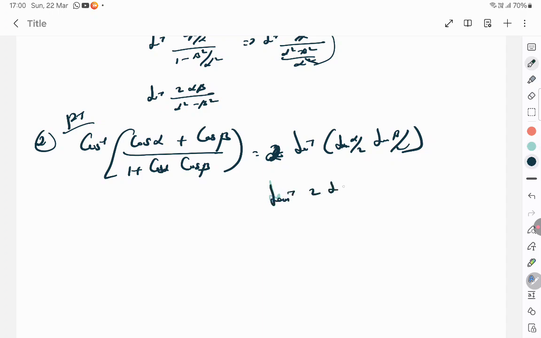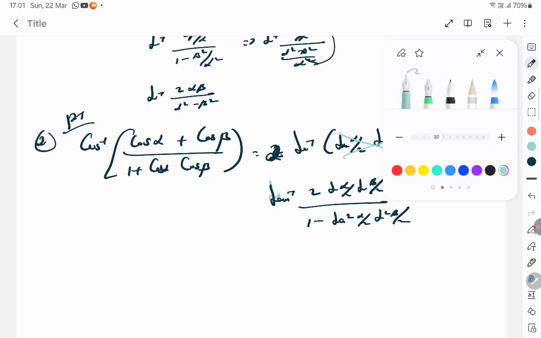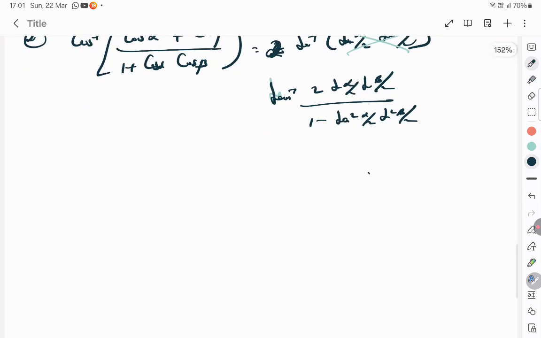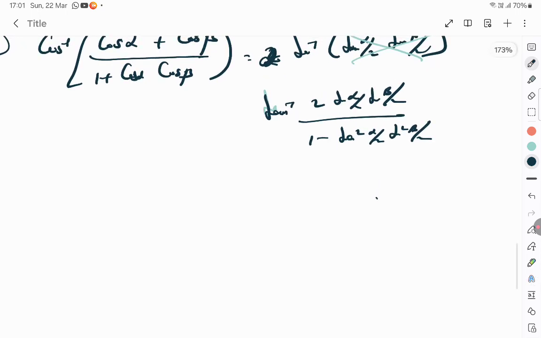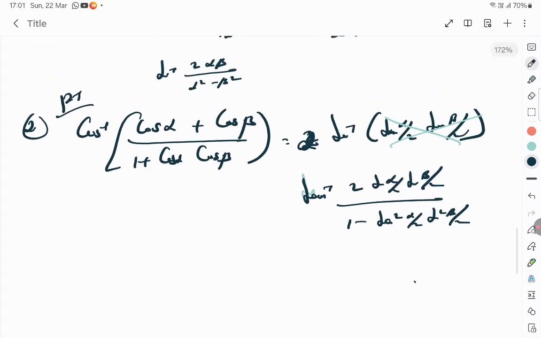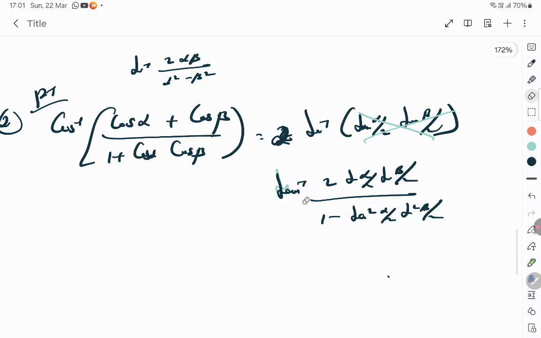So this is going to become the right hand side, tan inverse of 2x by 1 minus x square, because this whole thing becomes an x, 2 tan inverse of x. Okay, so then next step. The best thing is to write it not as tan inverse.